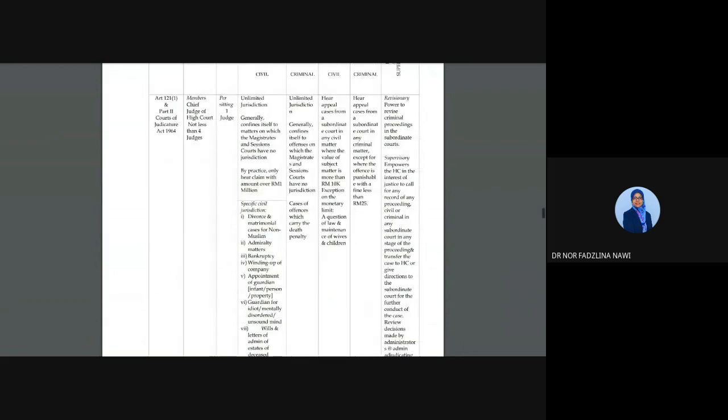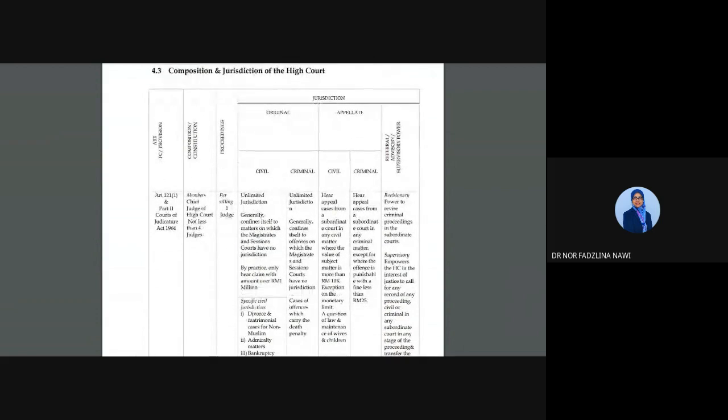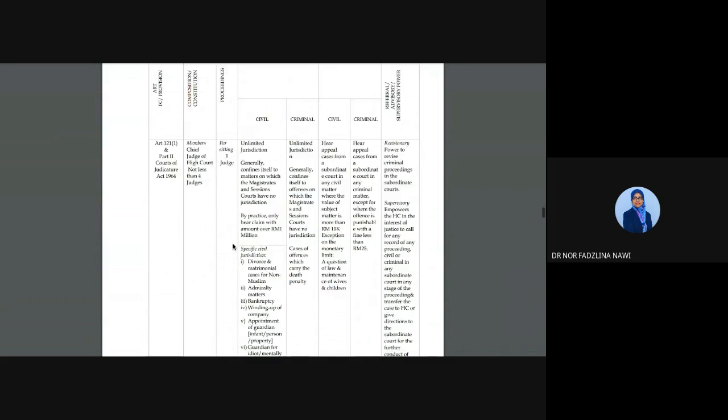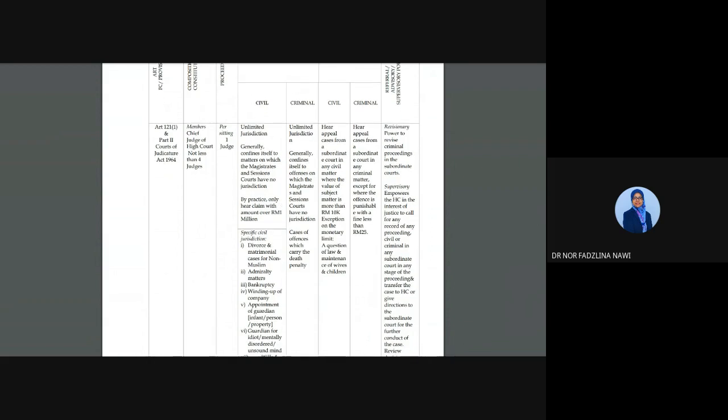As for the High Court, they have a much wider jurisdiction, considering they are the first level of superior courts. The judge usually sitting would be only one. For civil jurisdiction they have unlimited jurisdiction, and criminal jurisdiction is also unlimited. But usually they will only hear cases that cannot be heard by the Magistrate Court or Sessions Court judges.